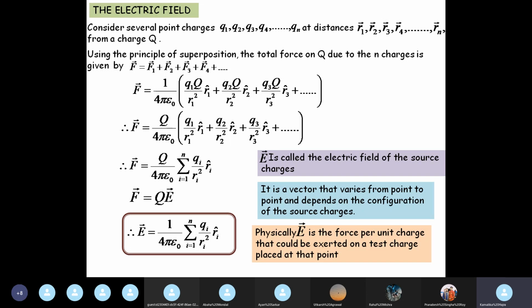E gives you the magnitude of the force per unit charge. How much force will be exerted if a unit test charge is brought to that point? So basically it gives you the strength of the field. The electric field gives you the strength of the force exerted by the source charges.